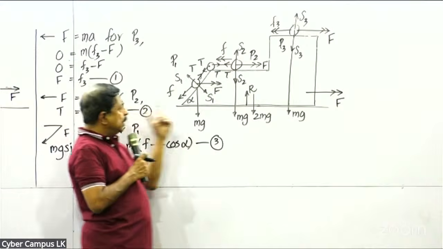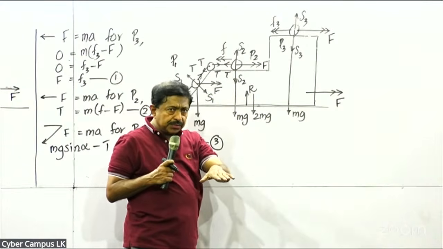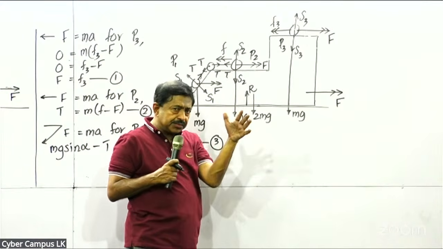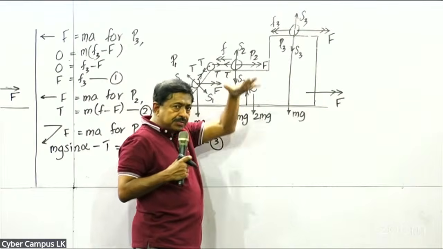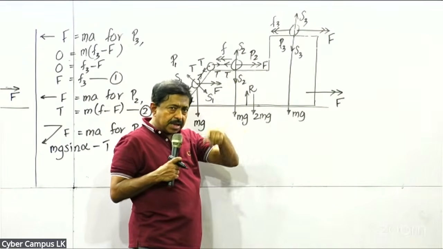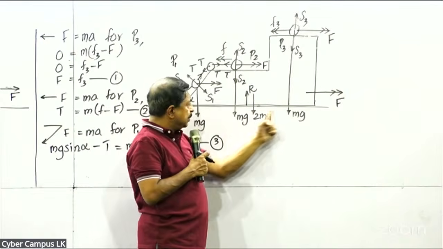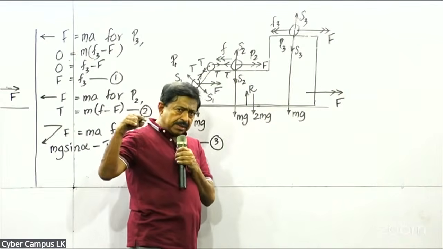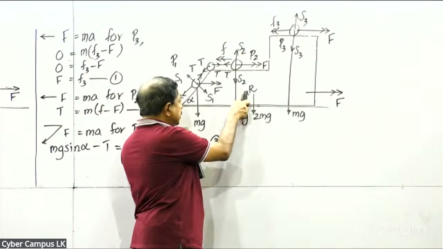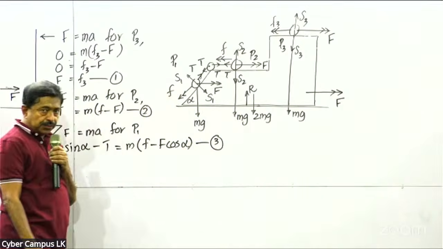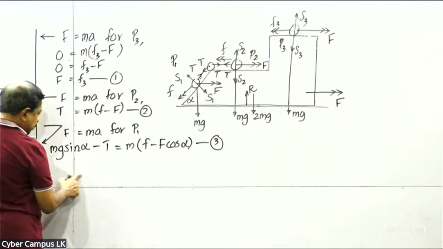Now, the only reaction between the outer world and the system is R, because it's placed on the table. So the reaction from the table is the only thing which comes from outside, and these weights will be there. But if you apply the equation horizontally, R will not be involved.